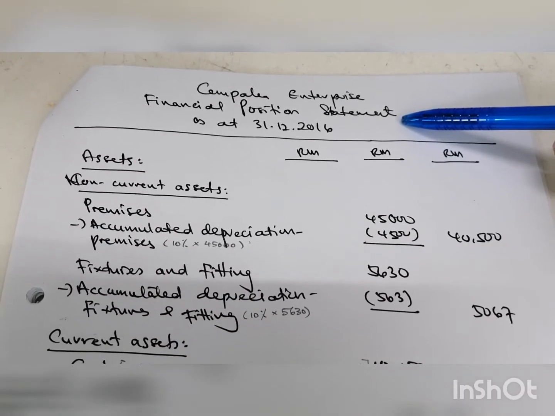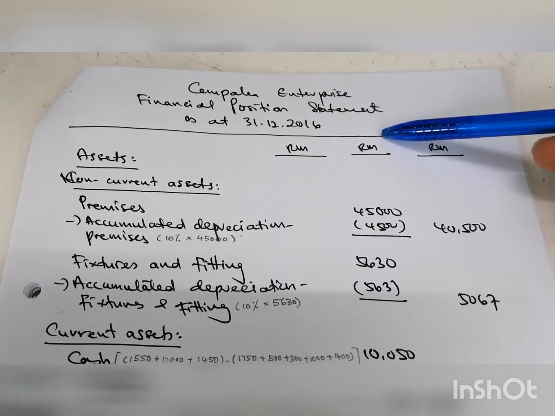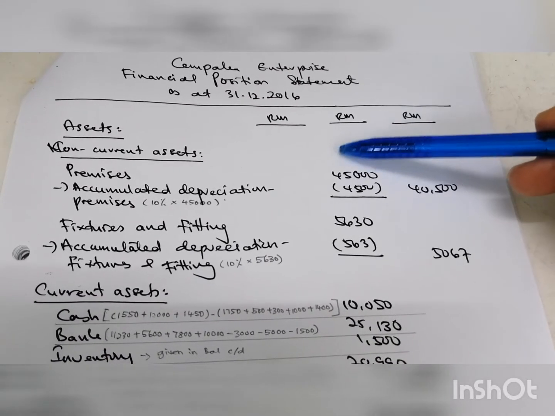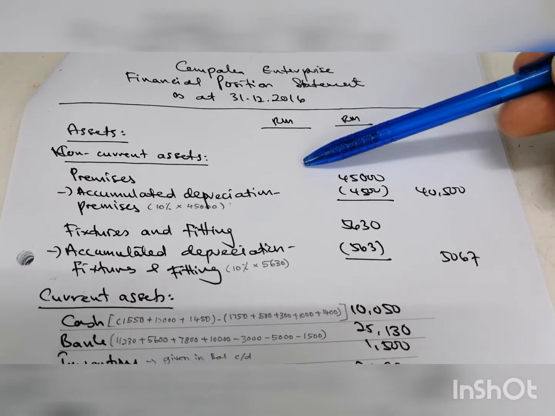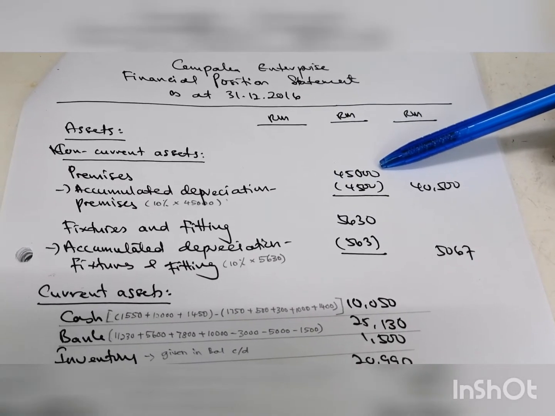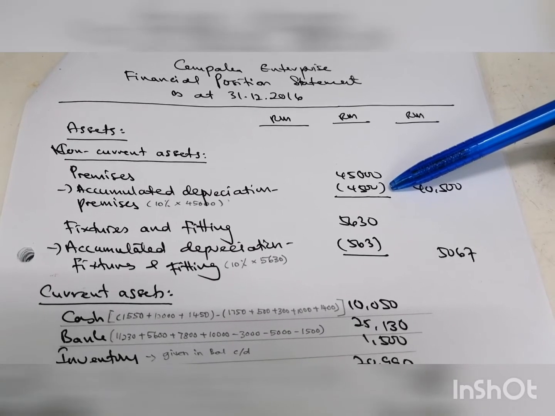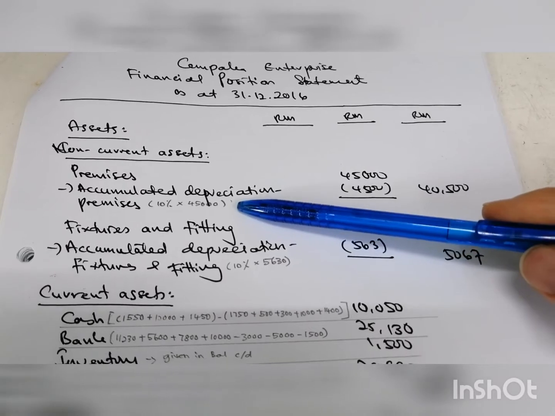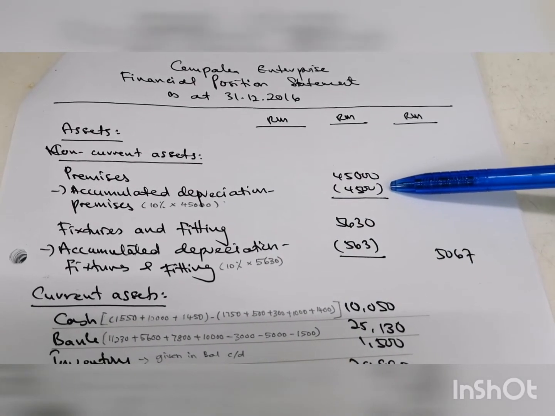To do the statement of financial position as at 31st December 2016, this is the assets, and assets are divided into non-current assets. Non-current assets, we have premises 45,000 minus the accumulated depreciation for premises, 4,500. How do you get this? This is 10% times 45,000. That's why we get 4,500 here.